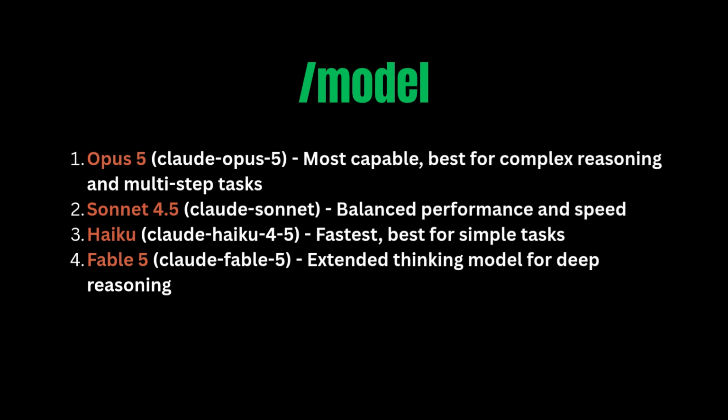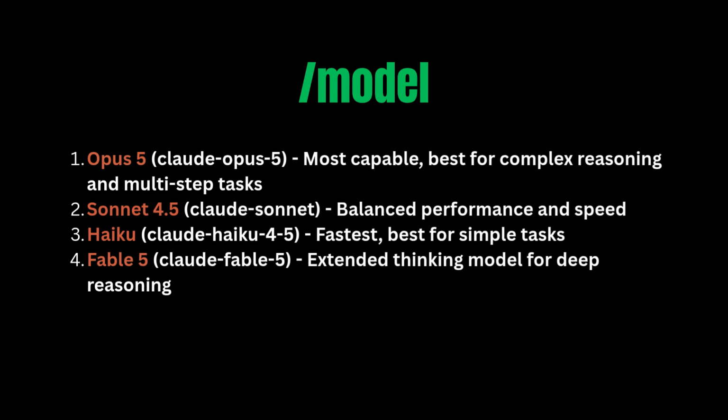Suppose you are creating a website from scratch and you do not know how many services you will need, what database you should choose, and which design pattern you should follow. So you do not know anything about your next move. In that case, you should use Opus, which is very capable in this kind of reasoning and planning mode.